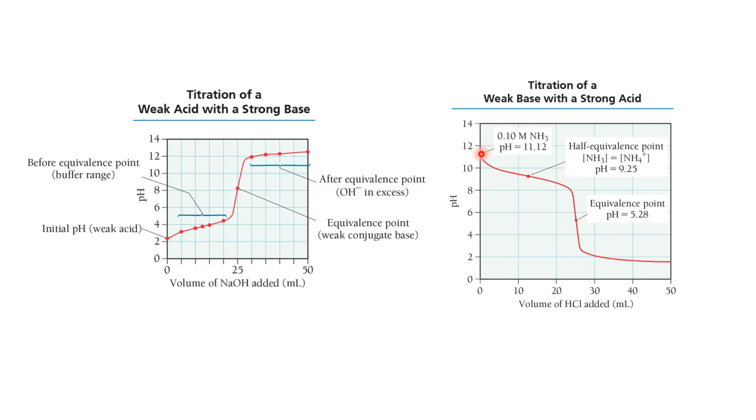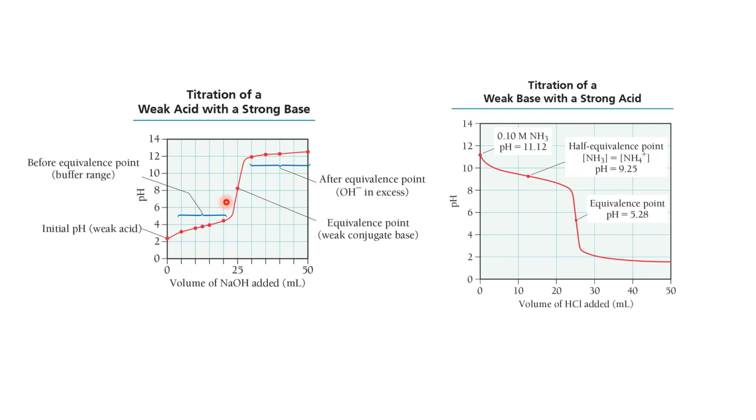The question is, are you titrating a weak base or a strong base? The only way you know is you look at the equivalence point. If it's not 7, then you know it's a weak base. If the equivalence point is 7, then you know it's a strong base that you're titrating. Okay? Likewise, if your initial pH over here is low, you're probably starting to titrate an acid, but is it a strong acid or a weak acid that you're titrating?